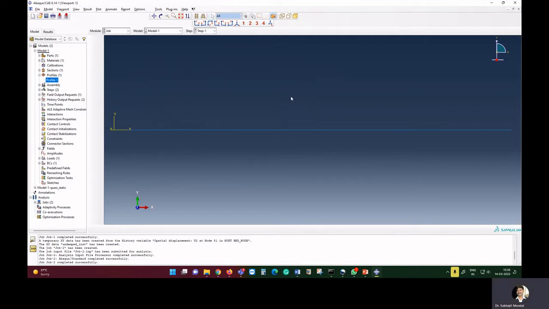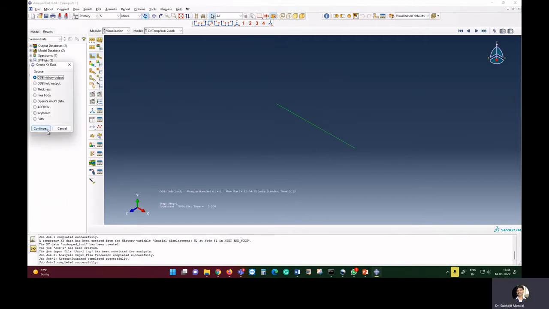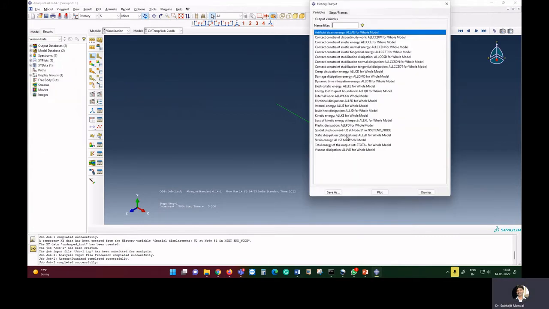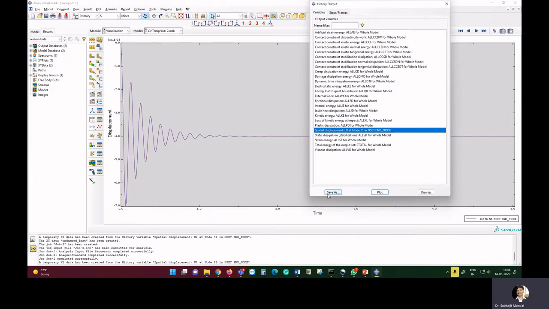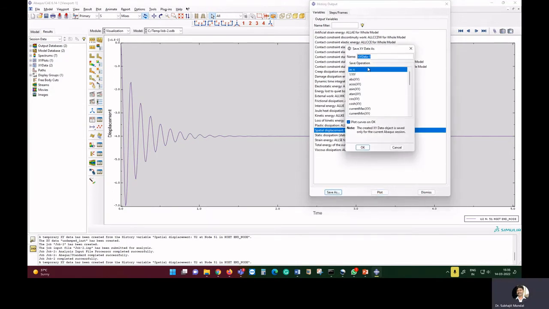Now the job is completed. Here we can see how the damped time response looks like. This is our damped response, and we can save it as damped response.